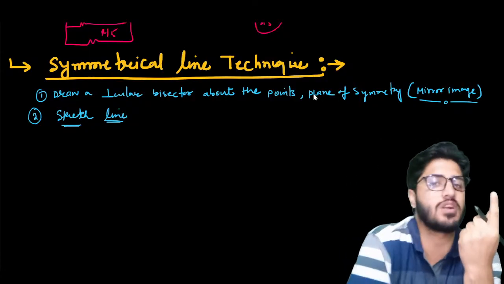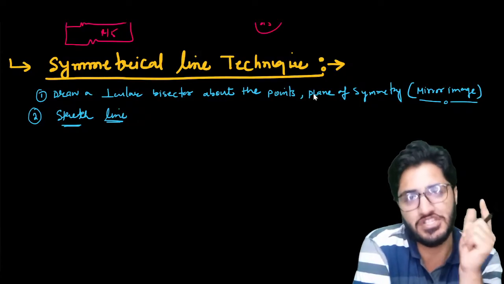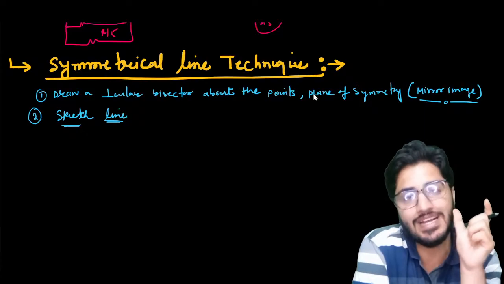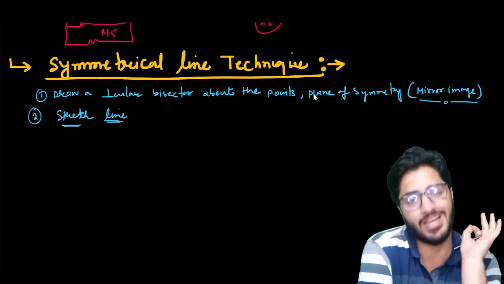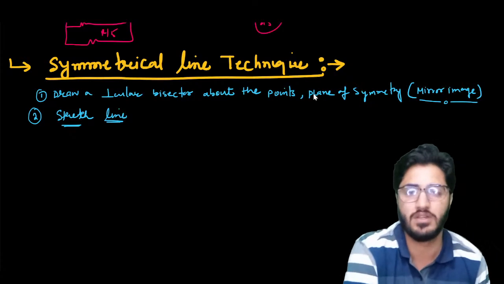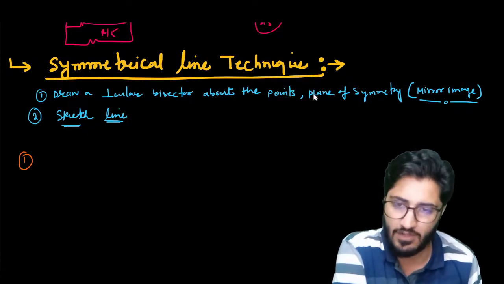One is to draw a line that is a perpendicular bisector to my potential points, so that it cuts the plane into two mirror images. The second part is to centralize the line. We know the basics of it. Now we will see how it works. First one, look now.